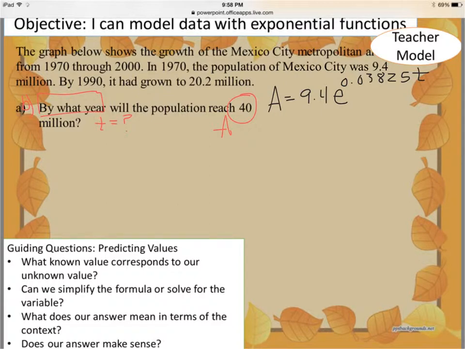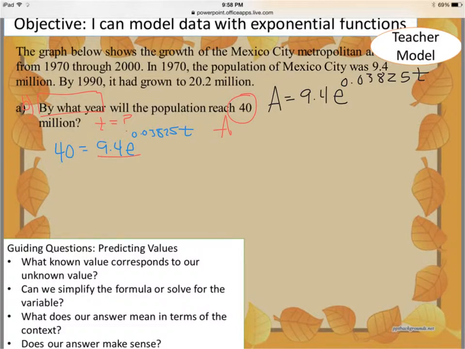So let's go ahead and do that. I've got 40 equals 9.4 e to the 0.03825 times time.